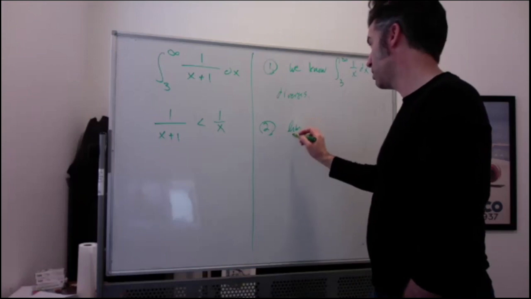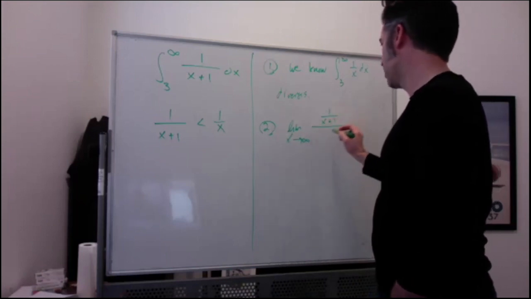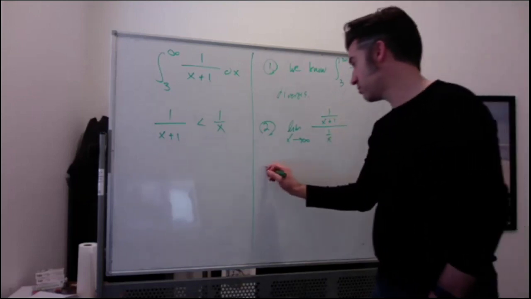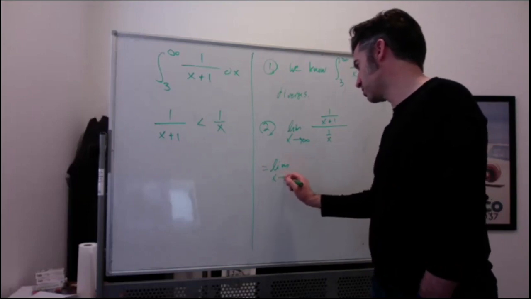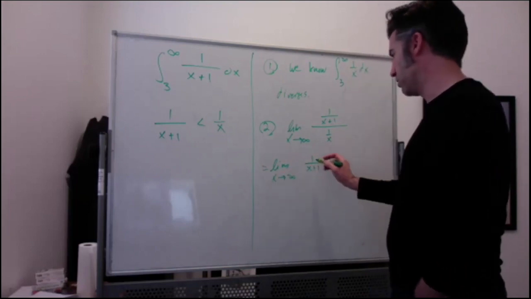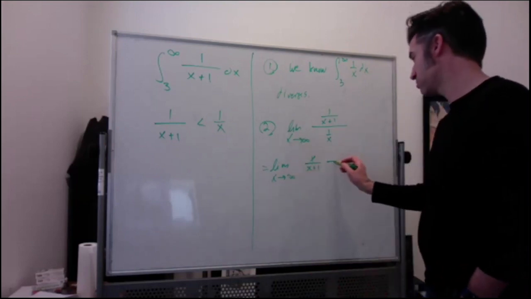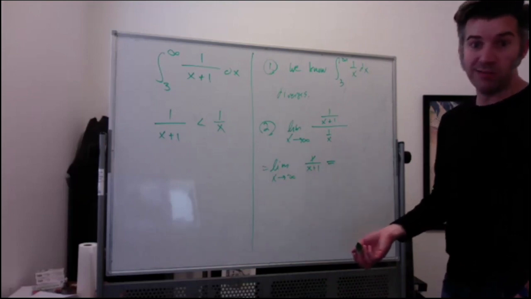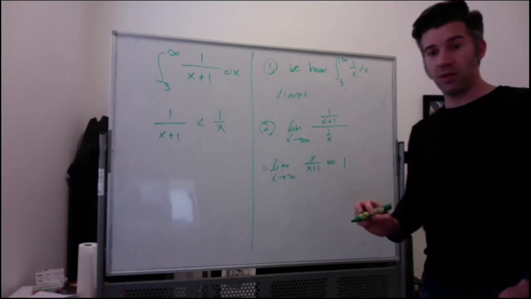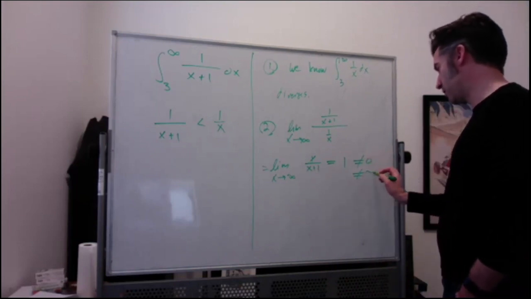The limit as x goes to infinity of 1 over x plus 1 over 1 over x. We're going to simplify. That's the limit as x goes to infinity of 1 over x plus 1 times x over 1, or just x over x plus 1. And what's this limit equal to? Well, it's 1, right? Quotient of the leading coefficients. And importantly, this is not 0, and it's not infinity.